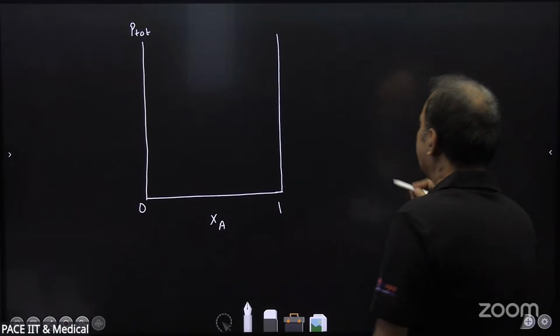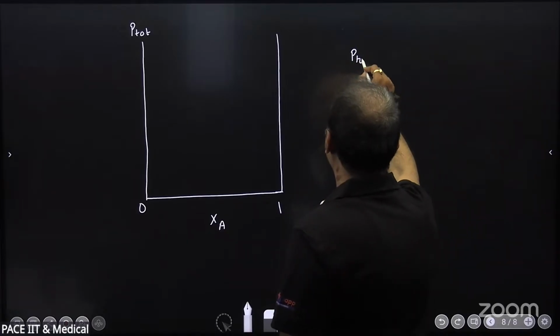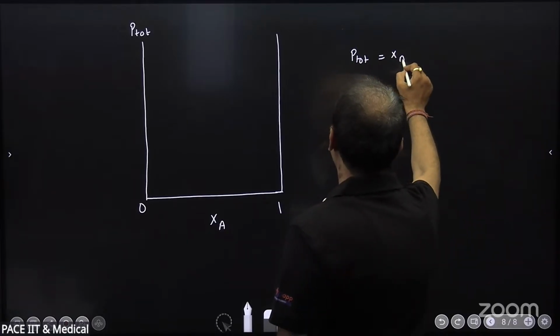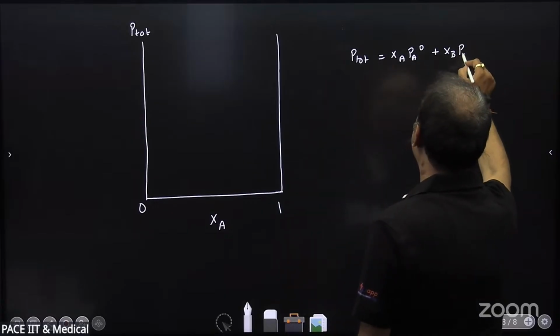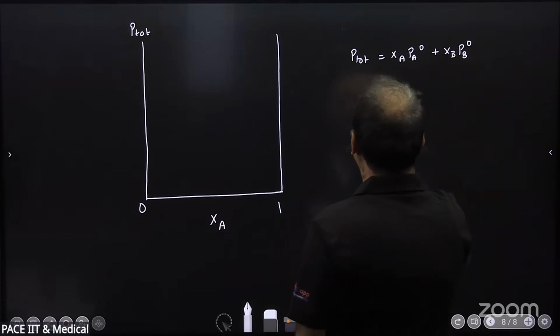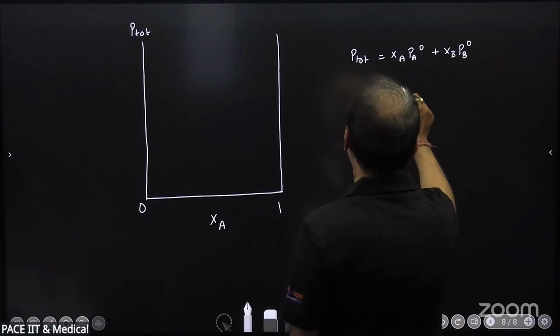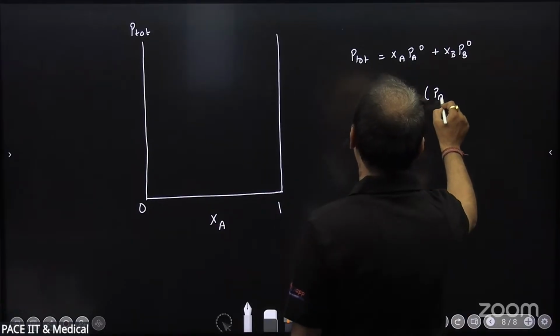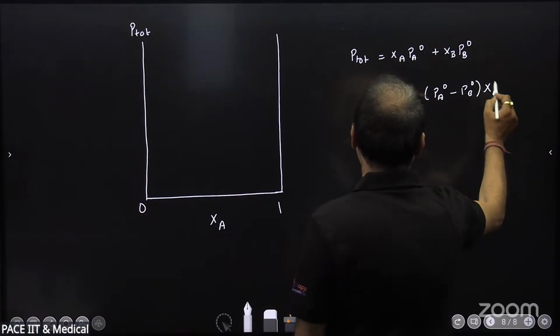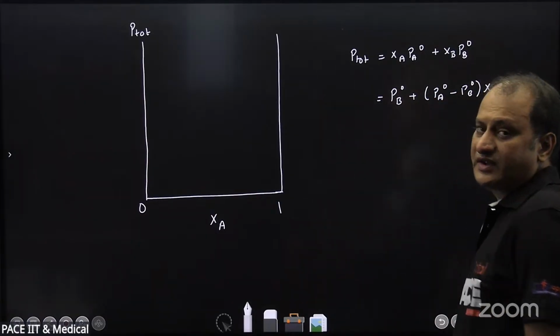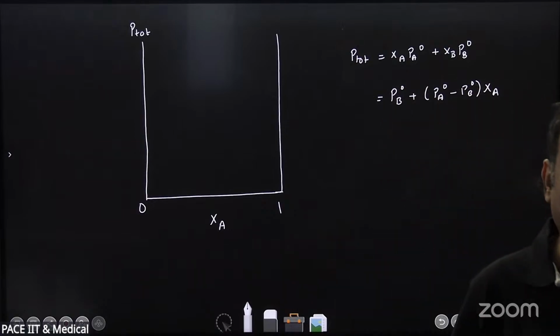So the equation here we had was P total is XA PA naught plus XB PB naught, which we rearranged and write as PB naught plus (PA naught minus PB naught) XA. So if we see, this is equation of a straight line of format y is equal to mx plus c.